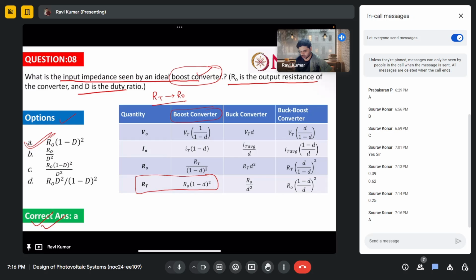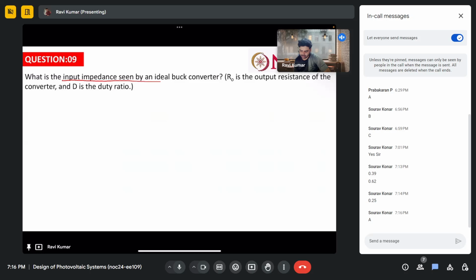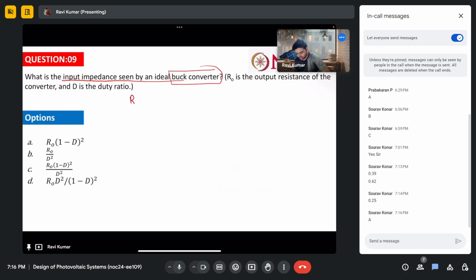Let's move to the next question, which says, what is the input impedance seen by the ideal buck converter? It is asking about the buck converter. These are the options. So we need to find out RT in terms of R naught, but for the buck converter.